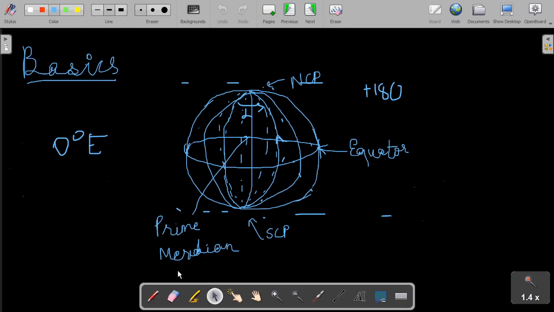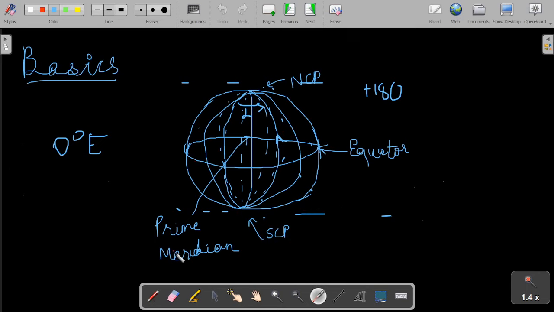So now you can choose two diametrically opposite points as the poles. Now the equator, or the equatorial plane, divides the sphere into two congruent hemispheres. This would be the northern hemisphere, this will be the southern hemisphere.